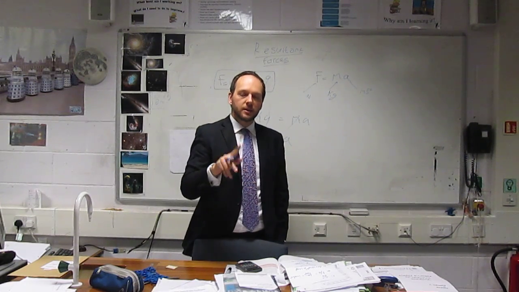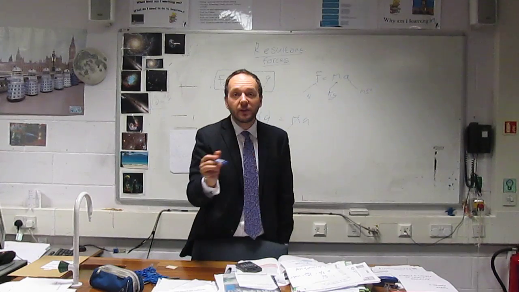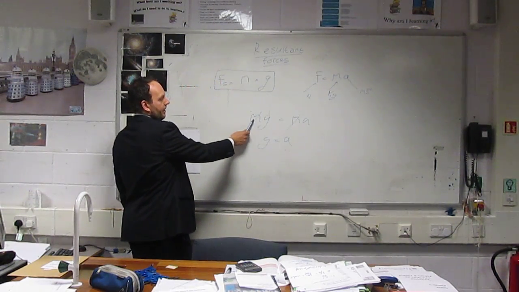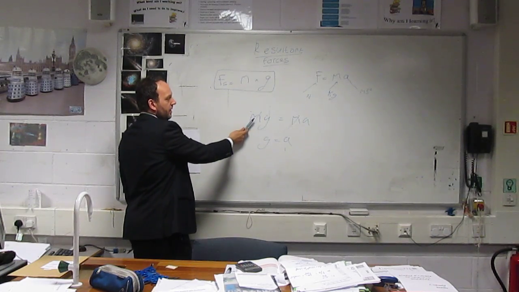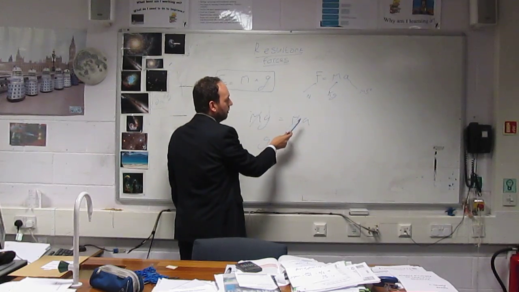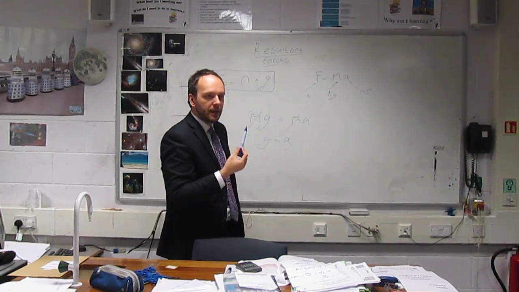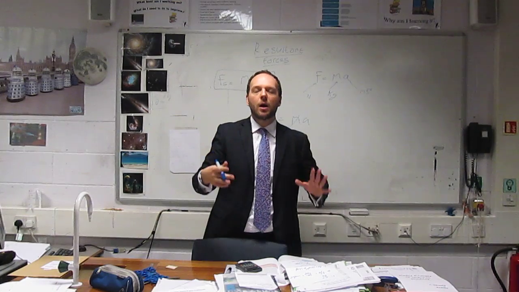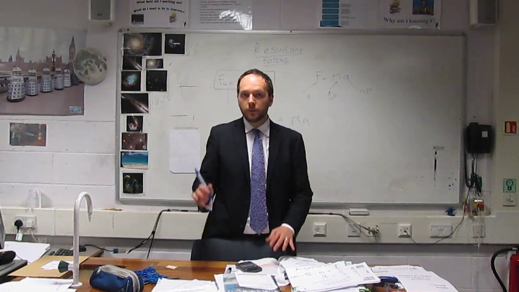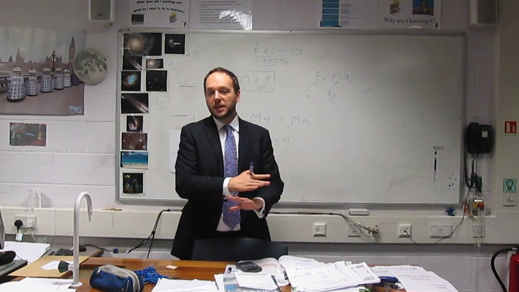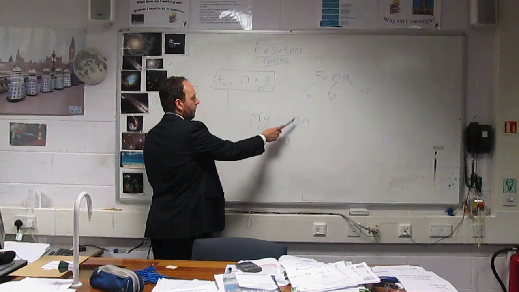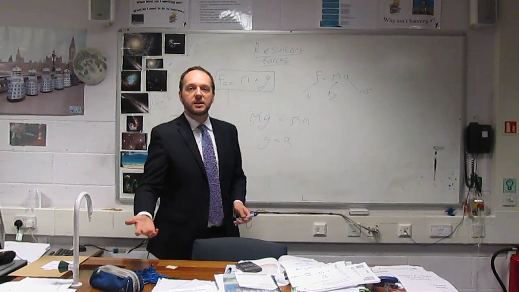They always balance. Interesting thing, and we never get to do this even in Year 13, is the mass here technically is the gravitational mass. That's the mass that's affected by gravity fields. This mass here is the inertial mass, and that's the mass that tells us how hard it is to get something going, how hard it is to make something move. There's nothing in physics that says inertial mass and gravitational mass should be the same.